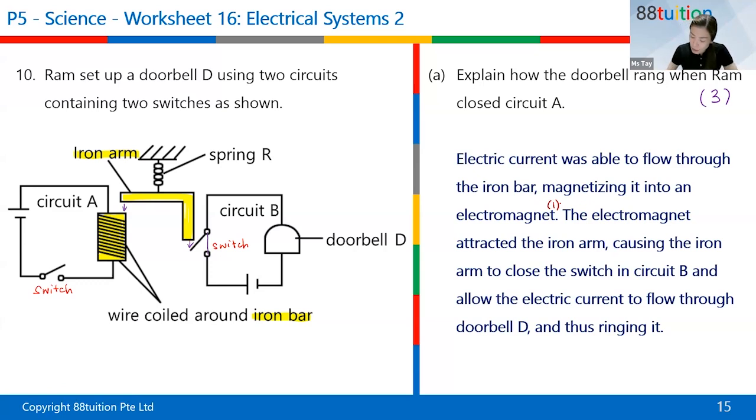Then the next thing you will say is the electromagnet attracted the iron arm and caused the iron arm to close the switch in circuit B. I put 1 mark here. And the last point: electric current flows through the whole circuit, passes through the doorbell, therefore ringing it. This will be the 3 marks.